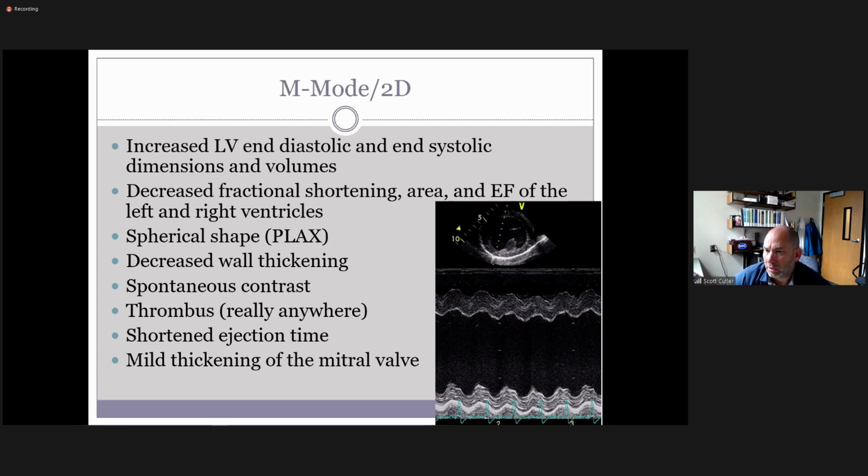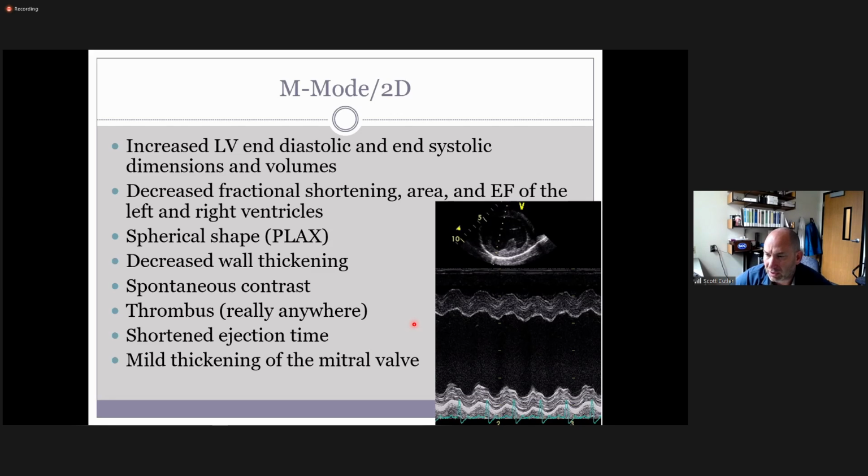So they'll possibly have a decreased fractional shortening, area, and EF of the left and right ventricles. So we do fractional shortening, which is basically how much does this dimension from the septal wall to the posterior wall change? What's the fraction of that as a fractional shortening, or the Teichholz?